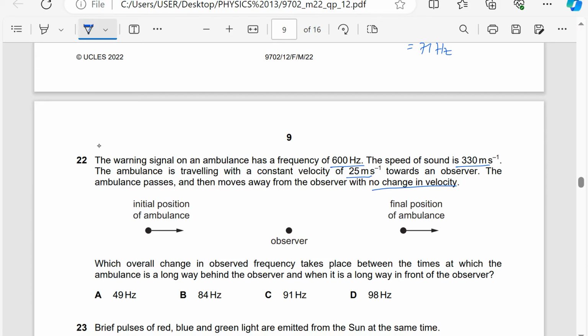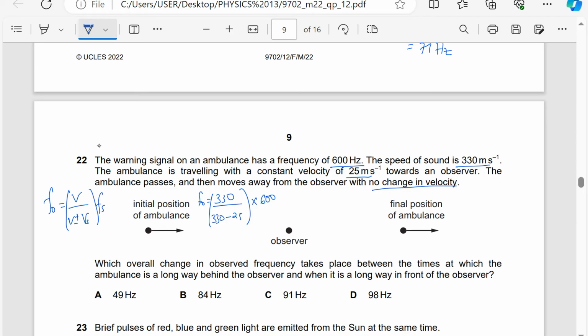Of course, we know the observed frequency is equal to v over v plus or minus vs times fs. So this first part, when it is approaching, it is going to be minus. So the observed frequency here is going to be 330 divided by 330 minus 25 times the frequency, which is 600.